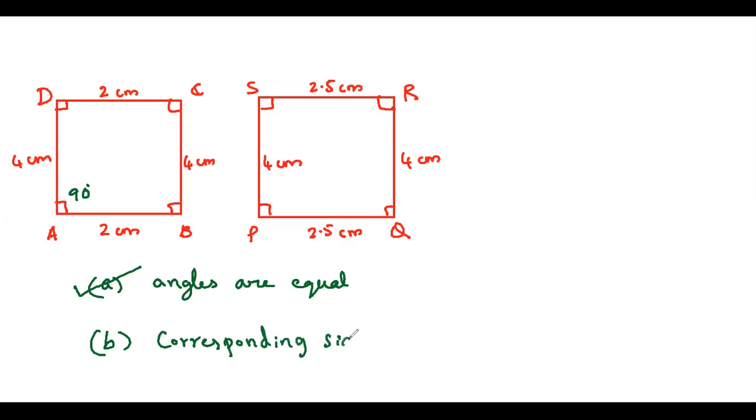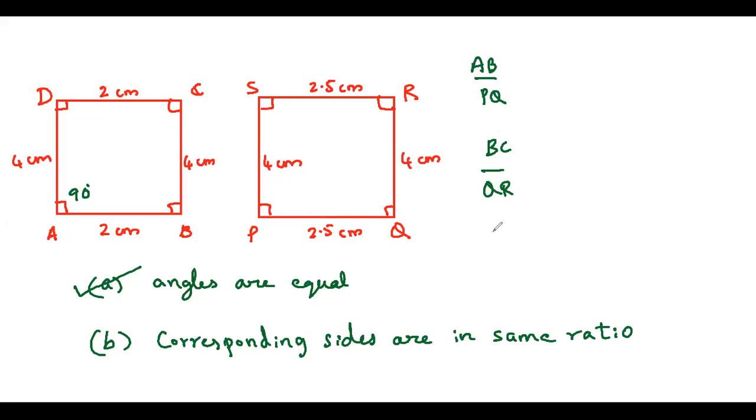Corresponding sides are in the same ratio. So we have to check for this. Corresponding sides means what will I get here now? So AB divided by PQ, then BC divided by QR, CD divided by RS, and DA divided by SP.